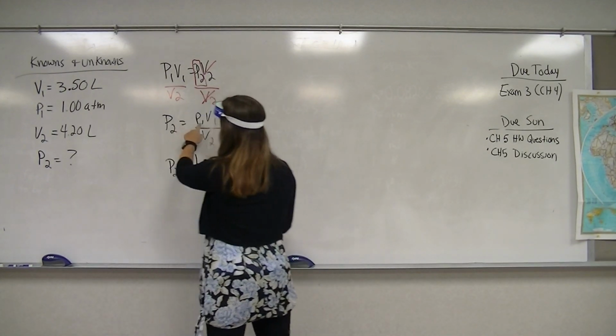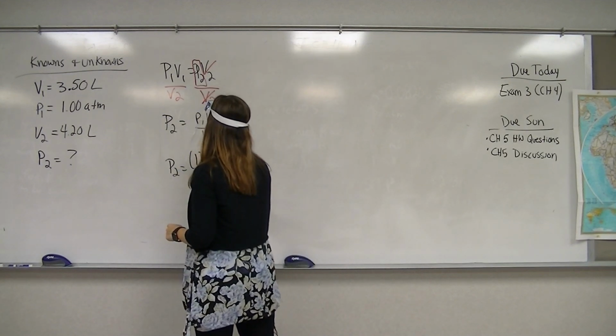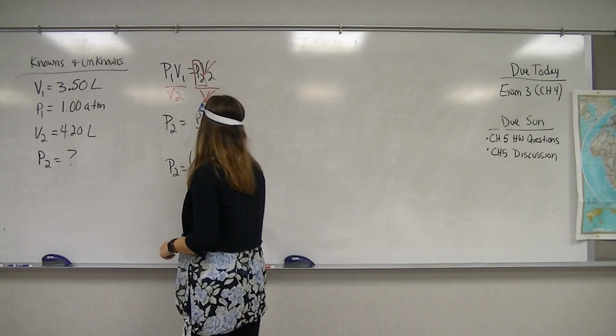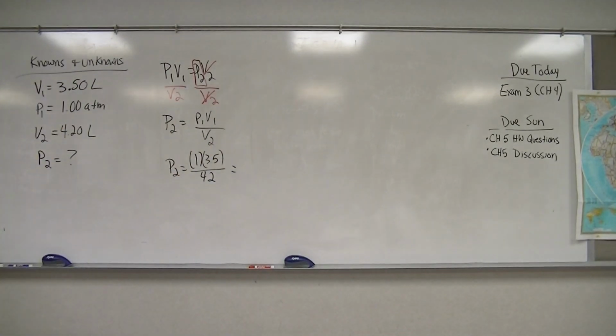I have 1 ATM for my P1, my V1 is 3.5, and then my V2 is 4.2. Calculating for me, 3.5 divided by 4.2.